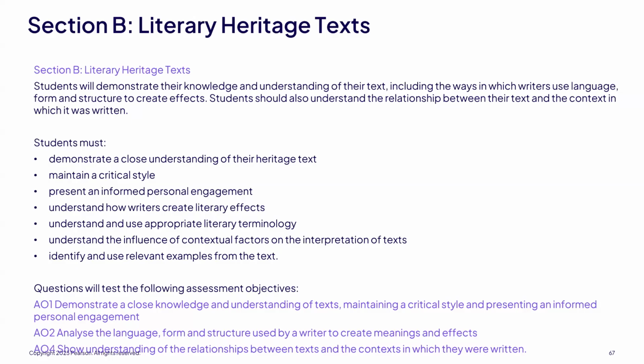So here we're looking at that understanding of the heritage text, the critical style, the personal engagement, the literary effects, the literary terminology, the influence of the contextual factors, and again, we're wanting examples from the text.